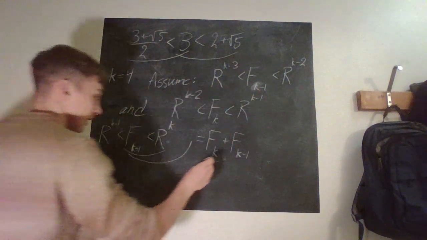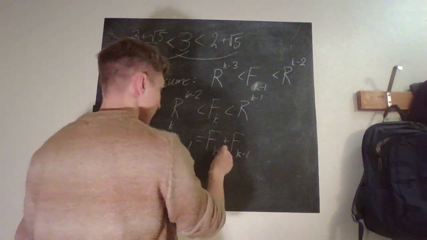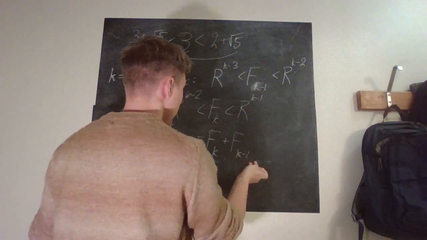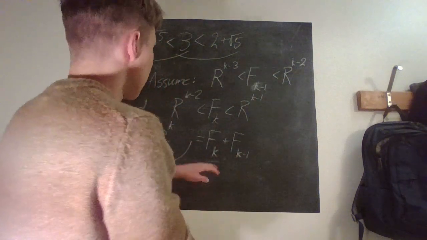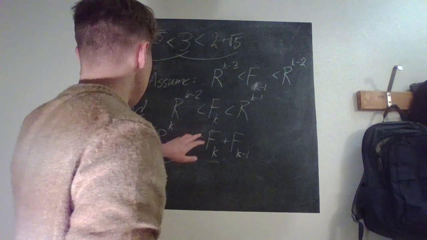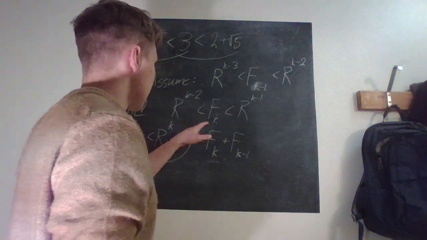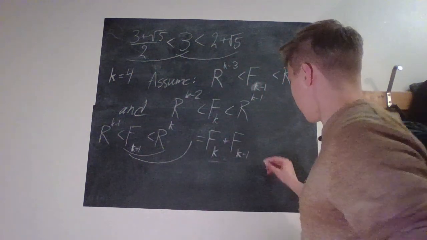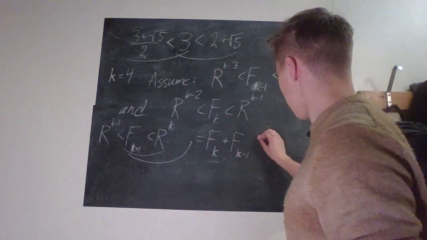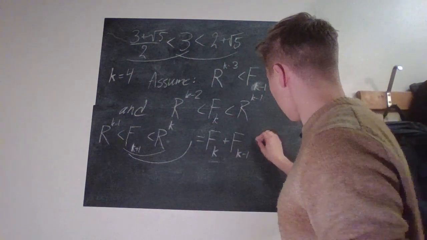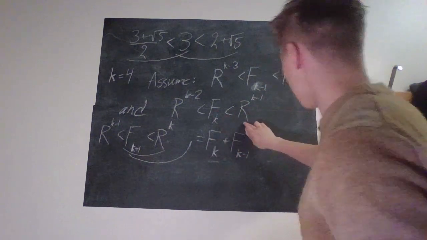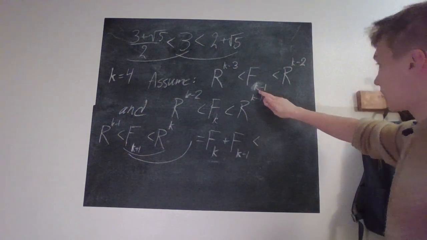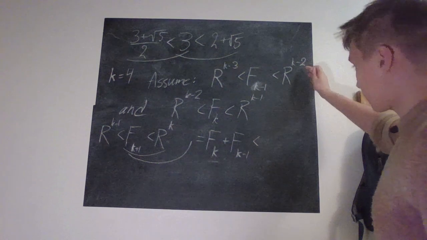So we have f_k plus f_(k minus 1), what is that? Now we want to prove that it's less than something. f_k is less than r to the power of k minus 1, and f_(k minus 1) is less than r to the power of k minus 2.